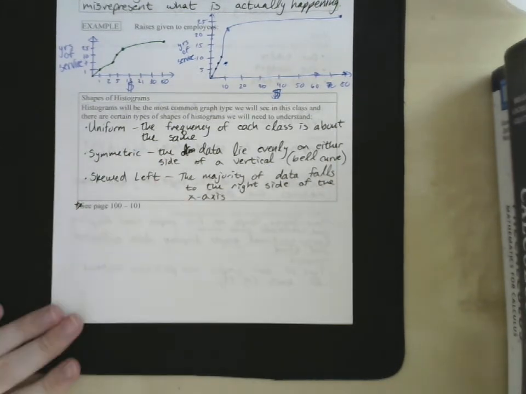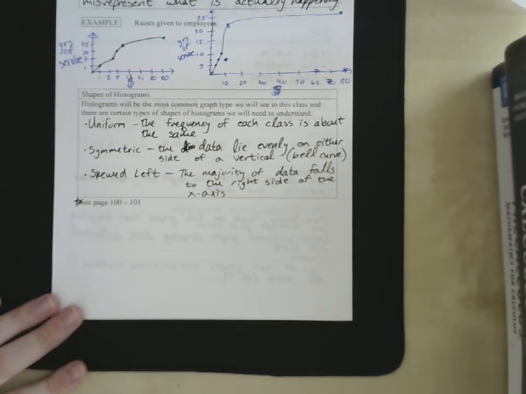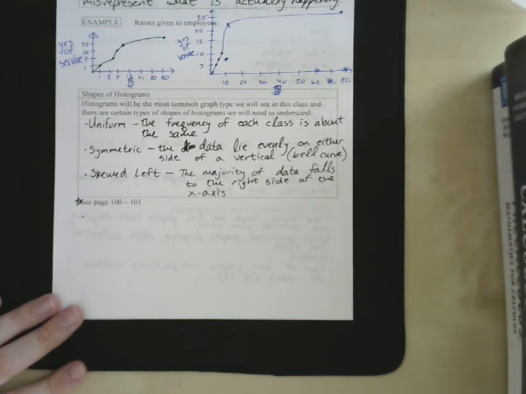So you can make a little note here. I'm writing big, but you can see page 100 or 101 to see these definitions, the way the book describes them, and also the pictures we're going to go over in a second here.